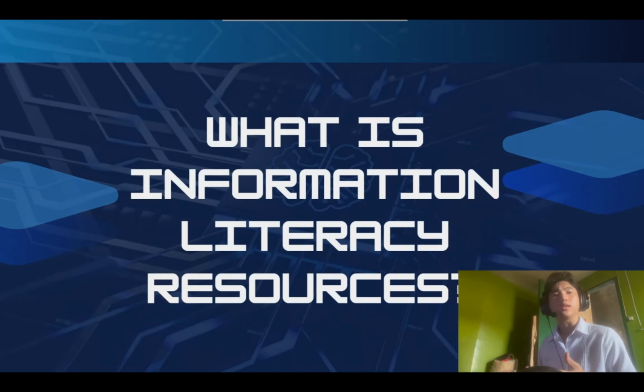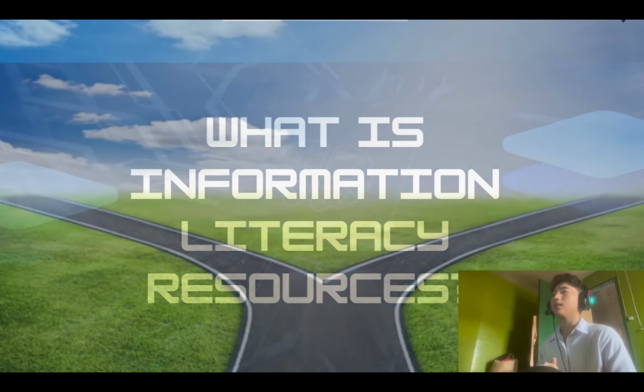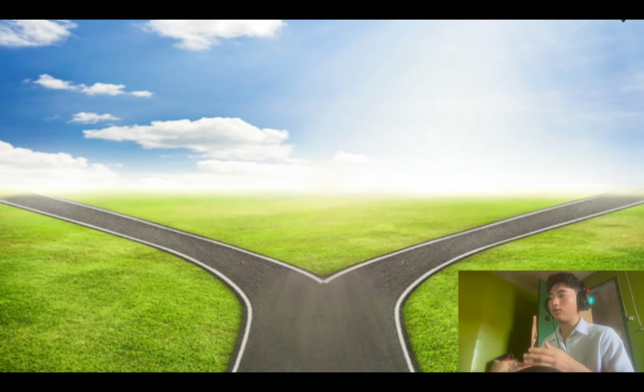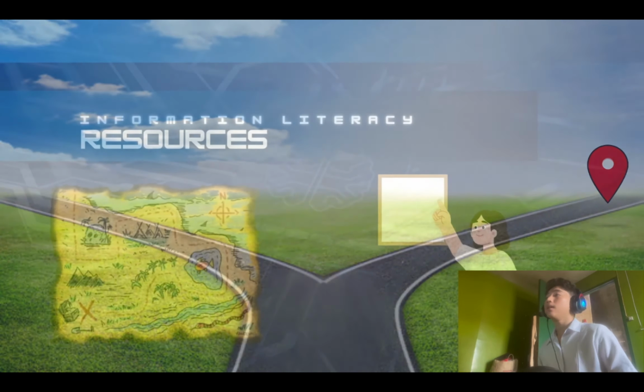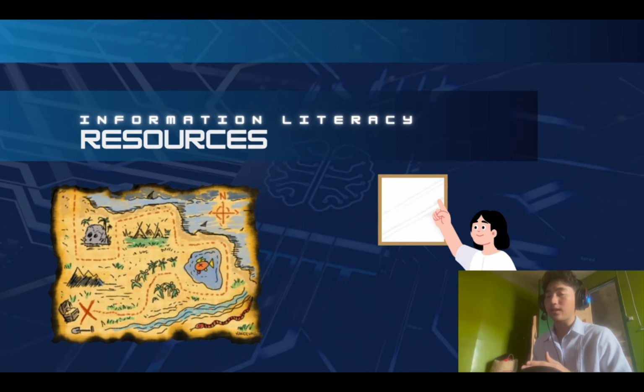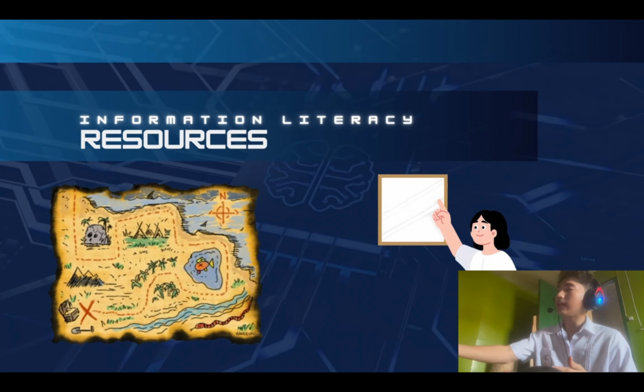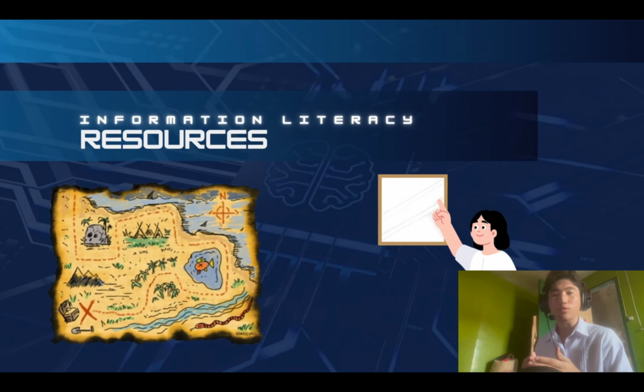So what are information literacy resources? Now, I want you guys to imagine that you are on a path with two ways, but suddenly you forgot where you were supposed to go. But thankfully, you have a GPS. Now, that is what information literacy resources act as. It basically acts as a map so that you will know how to navigate the digital space.